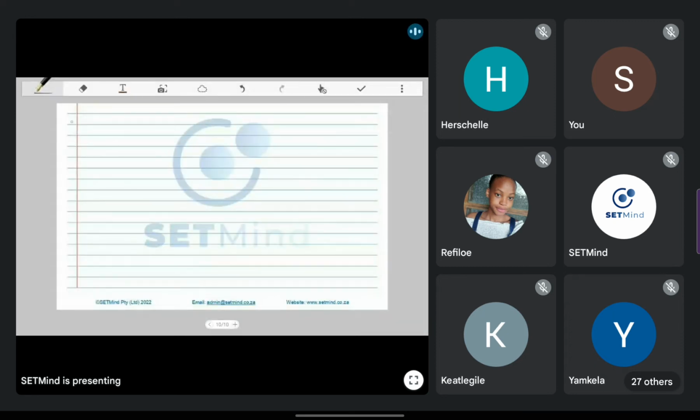Okay, so the question was: solve the matrix equation. And what we are solving is AX is equal to B. And guess what?